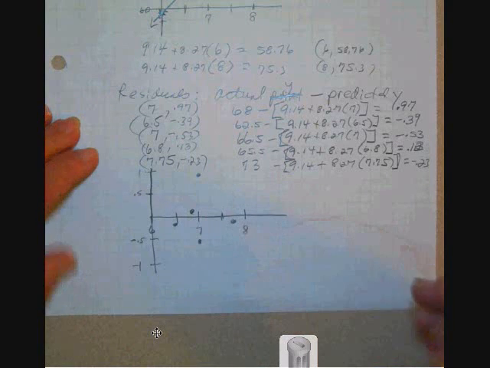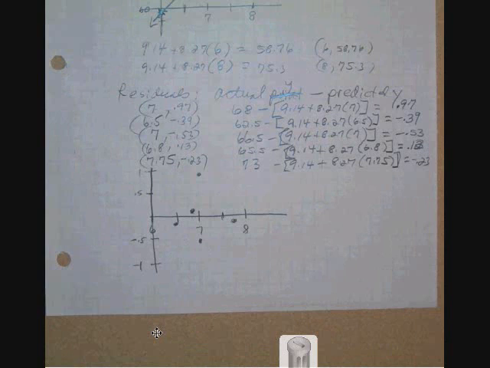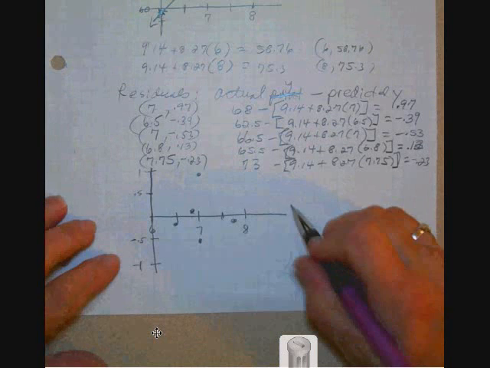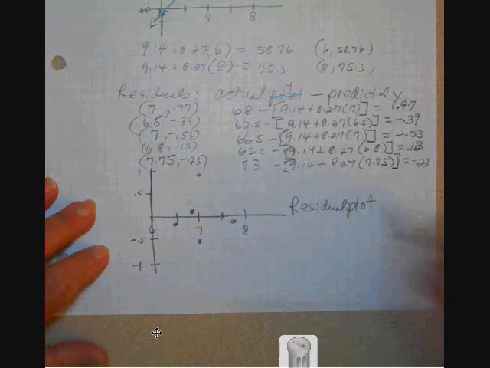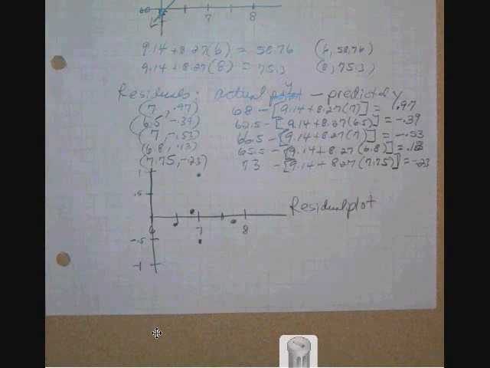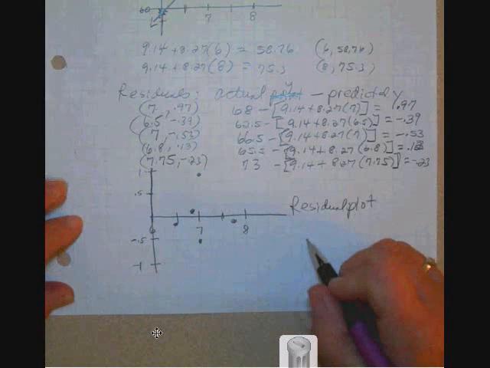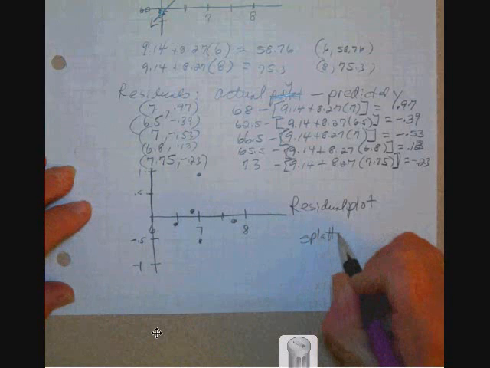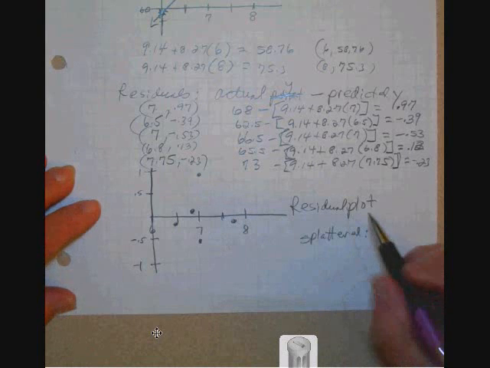Right here. There's a scatter plot that is my residual. It's called a residual plot. With a residual plot, I want to make sure my residuals are splattered, with no discernible pattern.